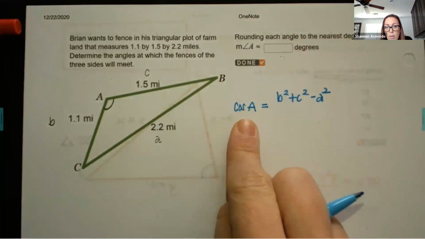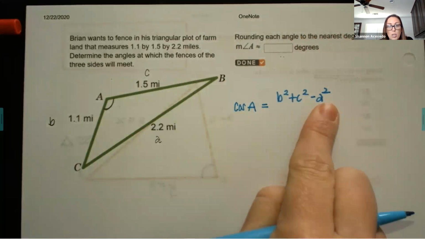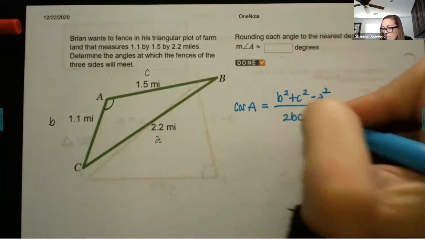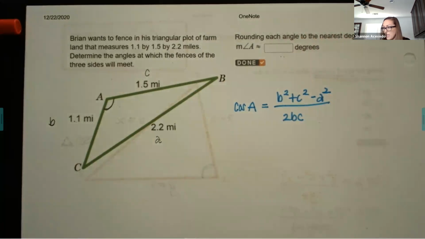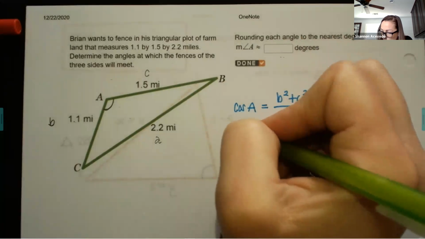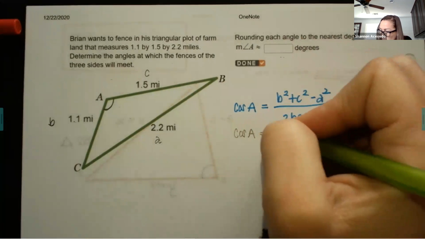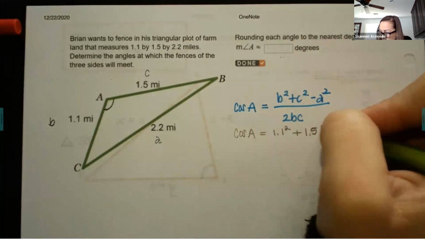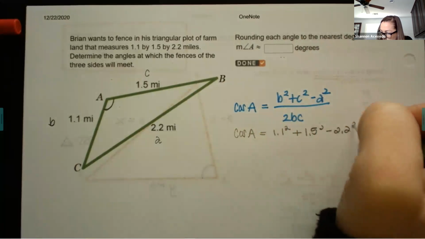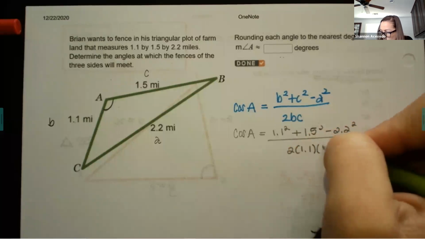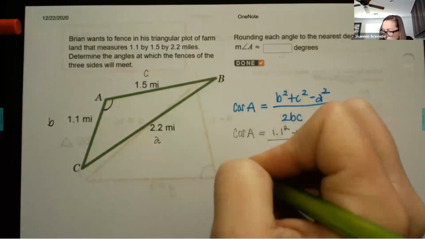So whatever angle I'm solving for, I am subtracting the corresponding side, all over 2BC. I fill in the pieces. So cosine of A is equal to 1.1 squared plus 1.5 squared minus 2.2 squared all over 2 times 1.1 times 1.5.